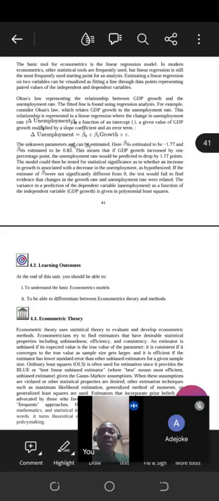We are going to have change in unemployment equal to 0.83 minus 1.77 times growth. If we were to rewrite this equation, beta naught is 0.83, and because beta 1 is a negative number, it becomes minus 1.77, then growth. We are not going to have the error term since we already estimated the parameters. Okay.